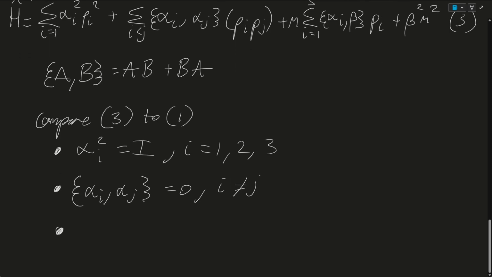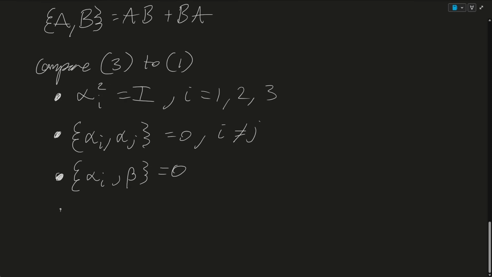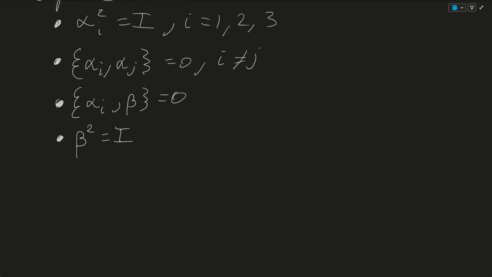The next thing is that the anti-commutator of alpha sub I and beta is also 0. And finally, the last thing is that beta squared is also equal to I. So we see some symmetry here, which is nice. It's good to know.